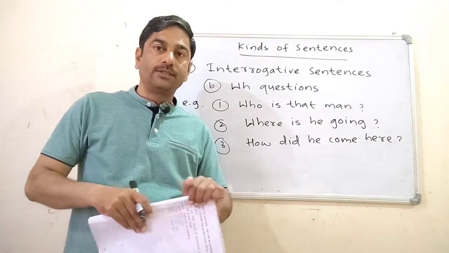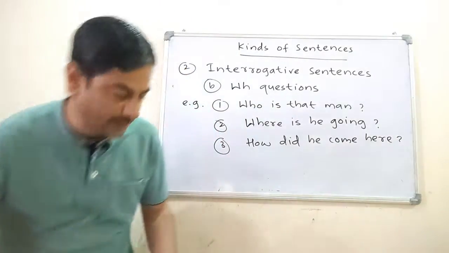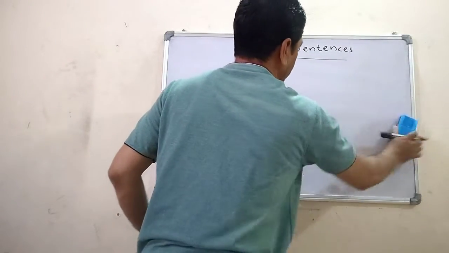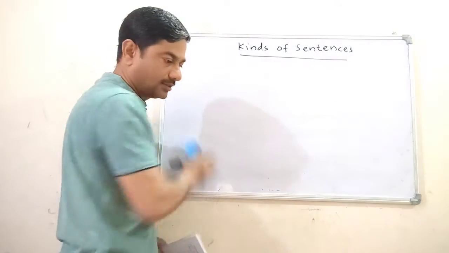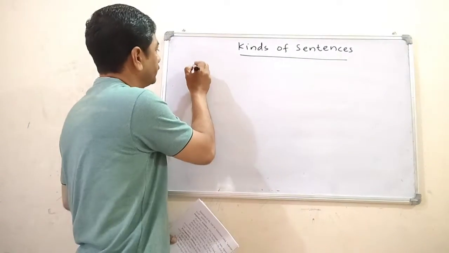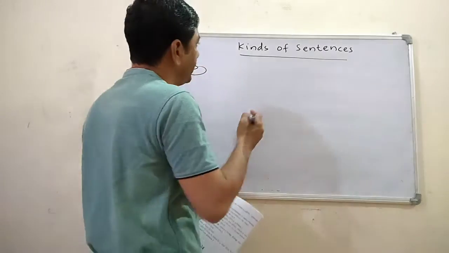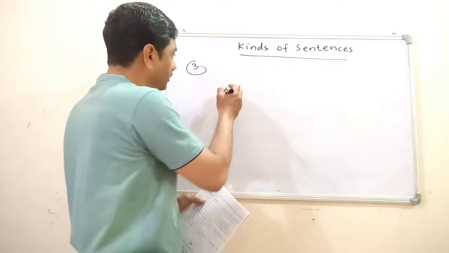Now we will speak about the third kind of sentences. The third kind of sentences is imperative sentences.